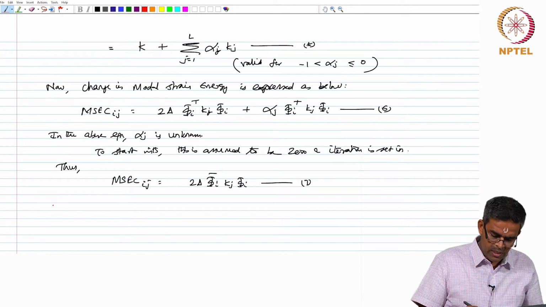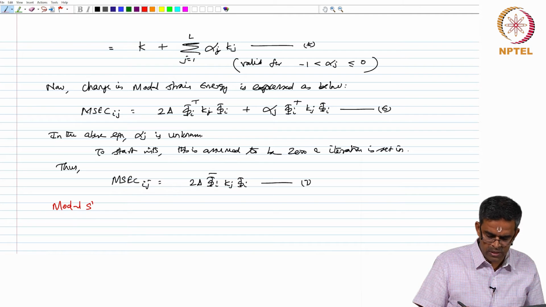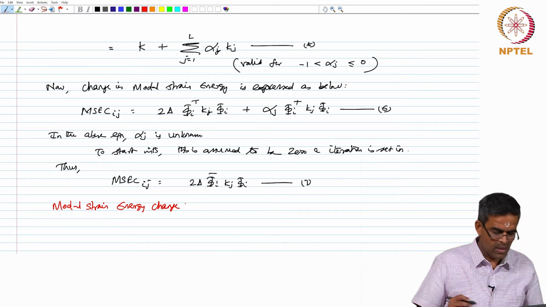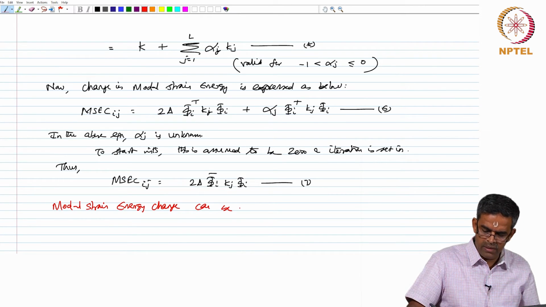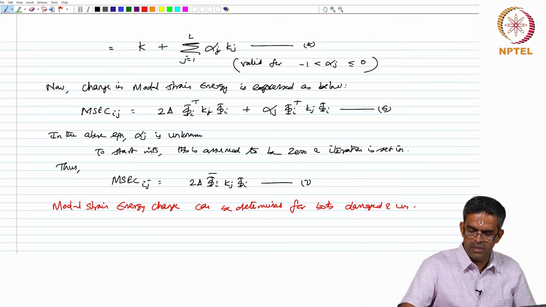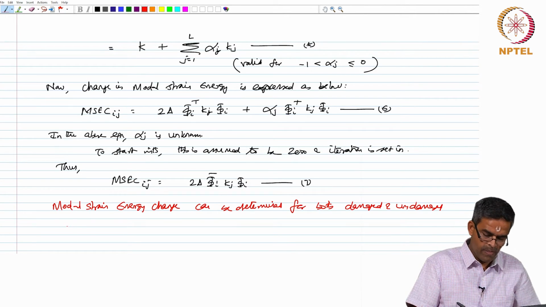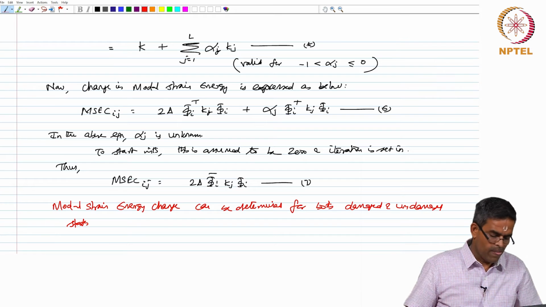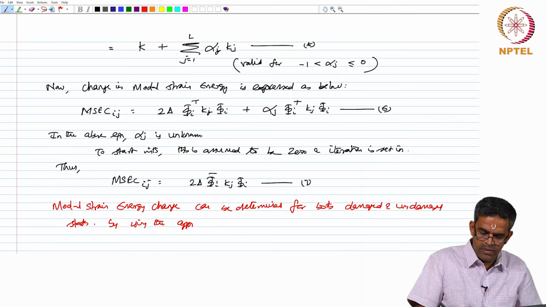Now, the modal strain energy correction or the modal strain energy change can be determined for both damaged and undamaged state, by using the appropriate stiffness and mode shape, is it not?